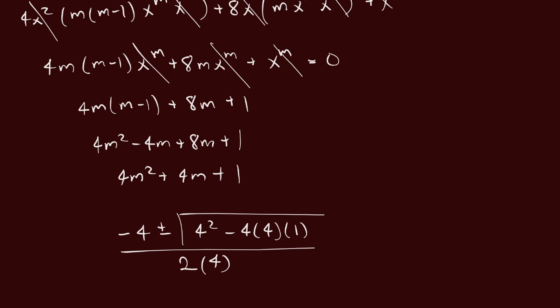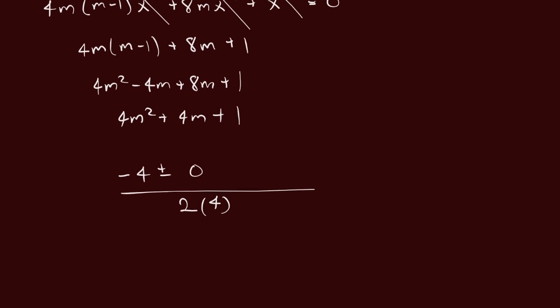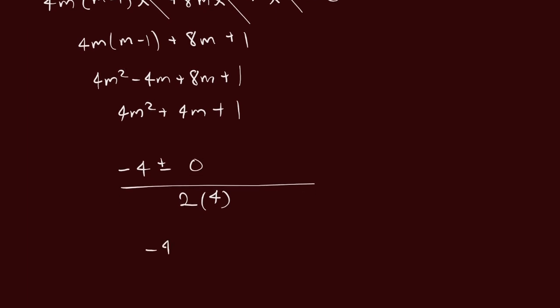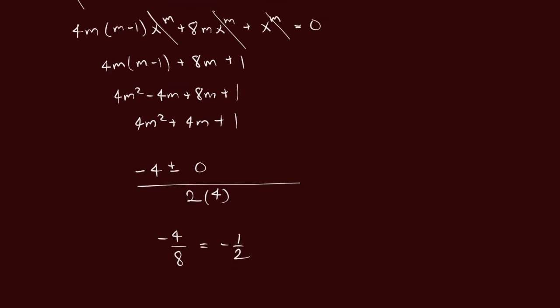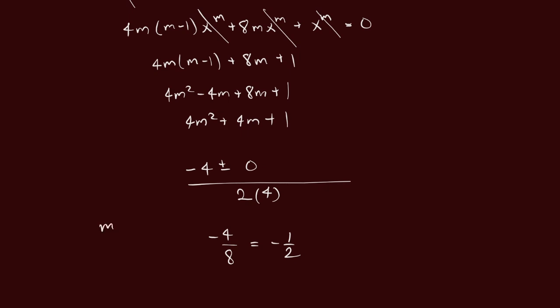So this whole square root is just the square root of 0, which is just 0. So we have minus 4 all over 8. So that's going to be minus 1 over 2. And those are literally your two solutions. So m1 and m2 are both going to equal minus 1 over 2.